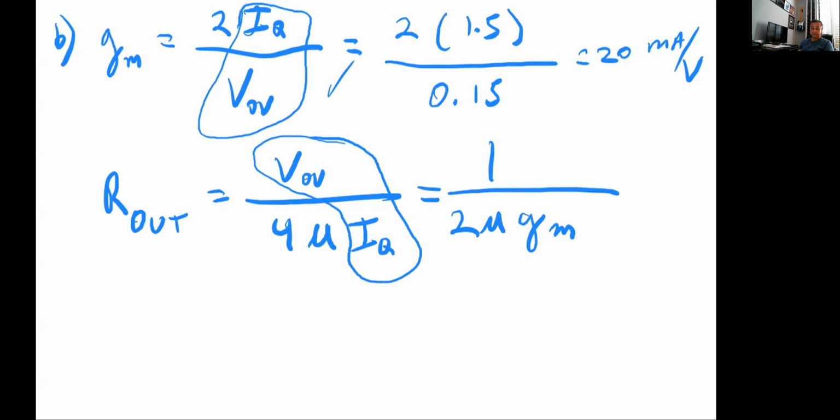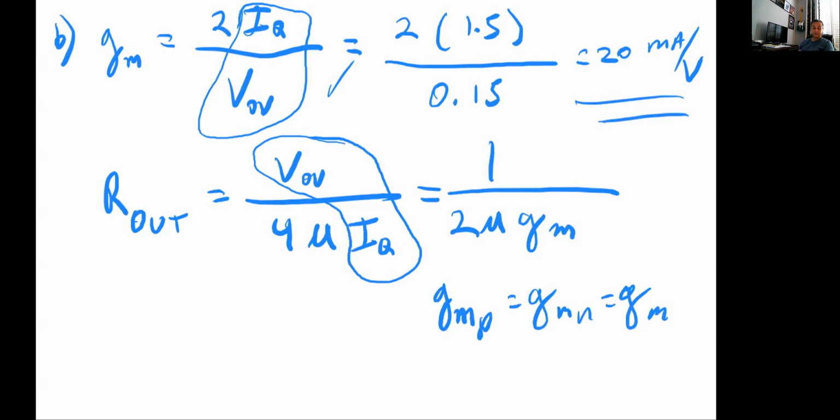Now, again, because the transistors are matched, GMP is equal to GMN and just equals GM, which we have here already.